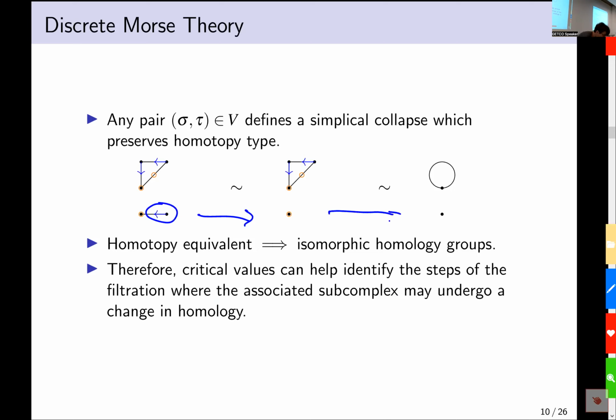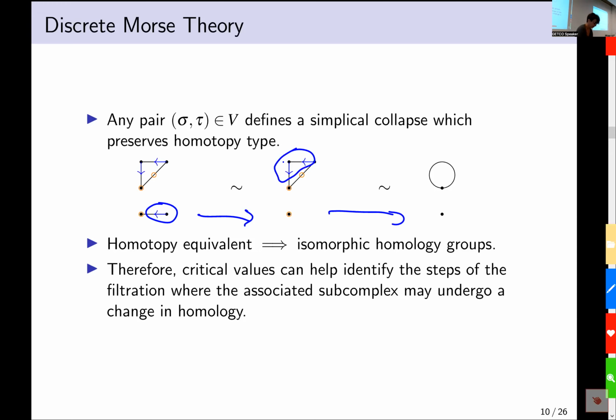And in this step, we can collapse these two pairs, and the resulting simplicial complex contains fewer cells, and it contains only the critical cells. Each simplicial collapse gives a homotopy equivalence, and because I'm interested in homology, this is good because the homology groups are going to be isomorphic.